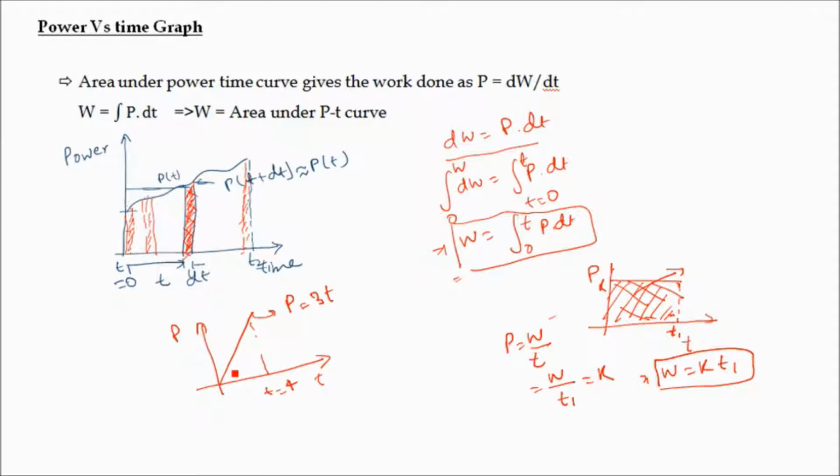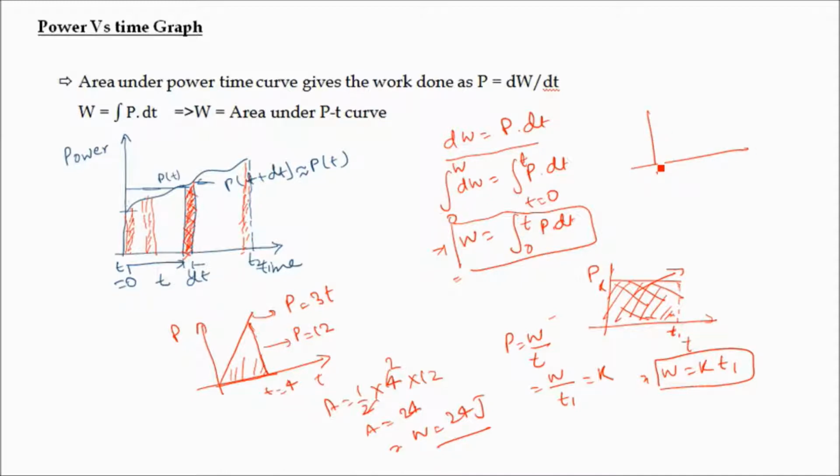Then you just calculate this area: one half into base into height. If I put t equal to 4, we get the height as P equal to 12. So area is one half base into height, where base is 4 and height is 12. From there we get area equal to 24, and the work done is 24 joule.